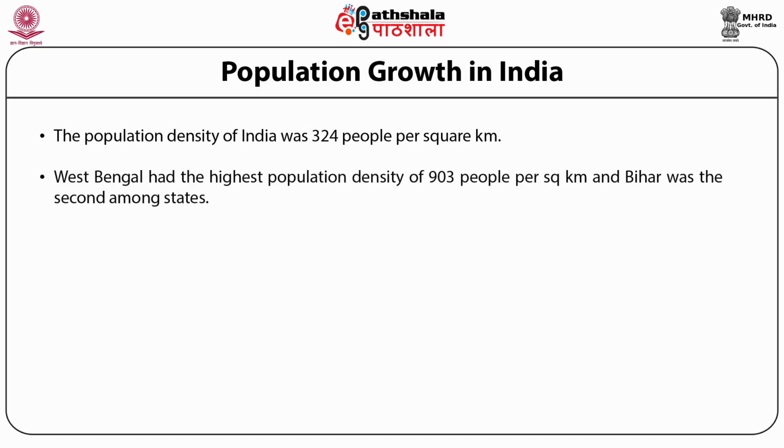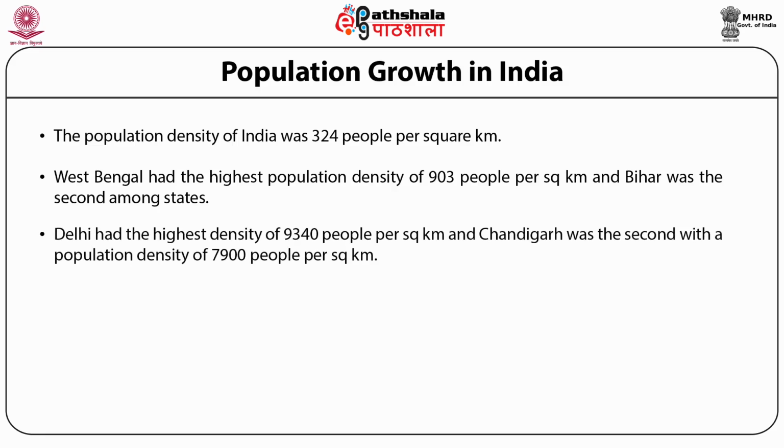West Bengal had the highest population density among states, of 903 people per square kilometer, and Delhi had the highest density of 9340 people per square kilometer. The sex ratio is unfavorable to females.